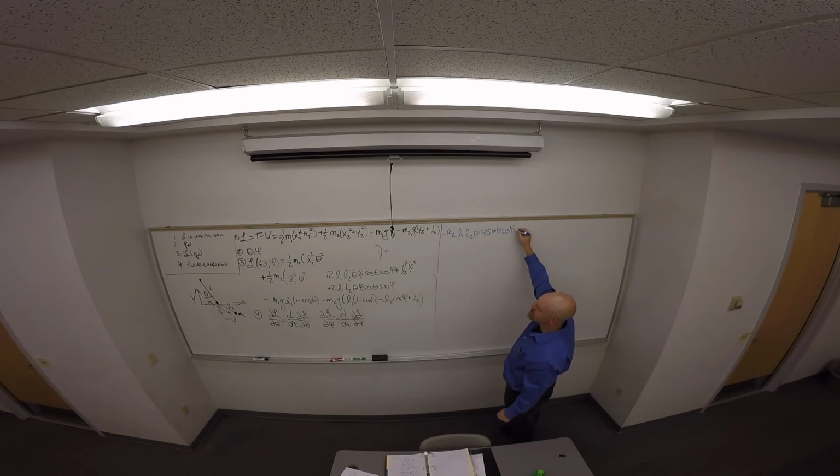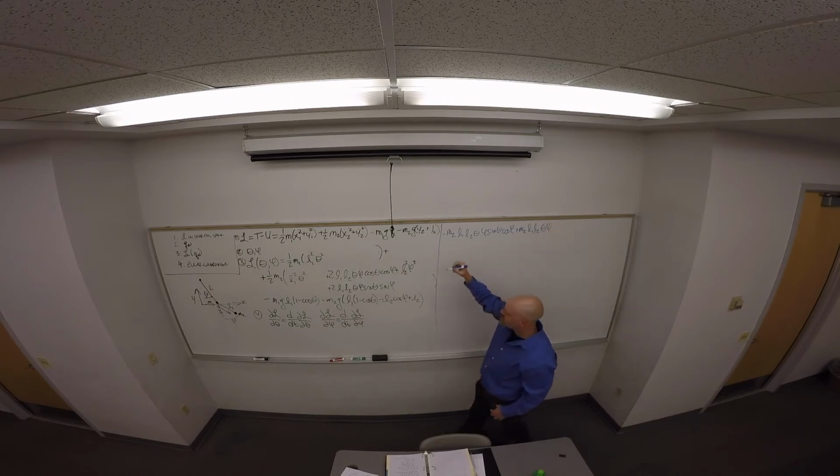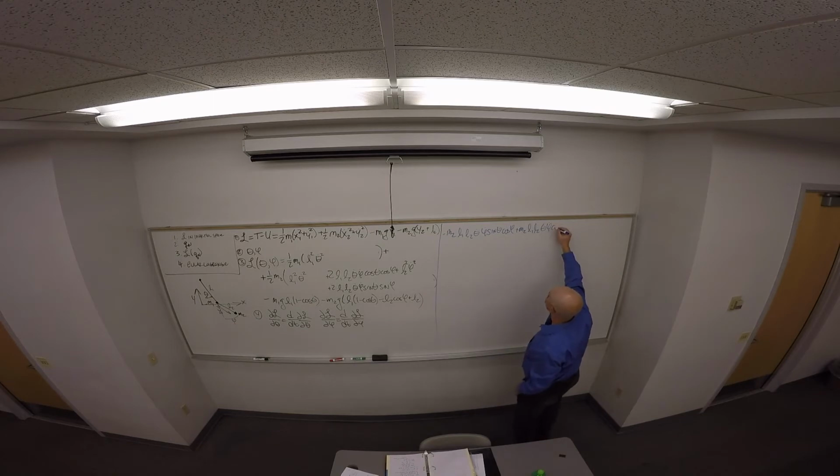Similarly, we have this other term here, which is going to look somewhat similar. It's going to be plus M2, L1, L2, theta dot, phi dot, cosine theta sine phi.